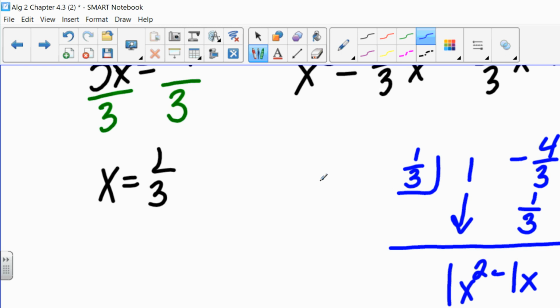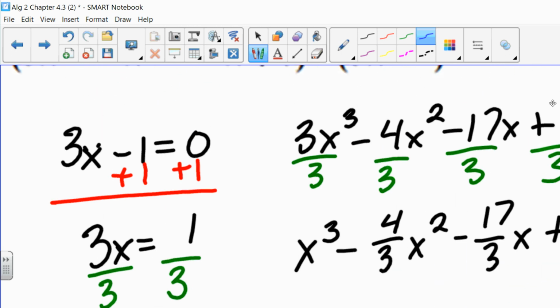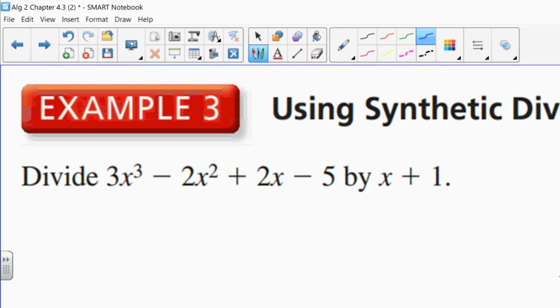Questions on this here? So having a number in front of the variable in our divisor causes us having to divide on both. It makes it a little more challenging. But any questions on this here? How do we feel about synthetic division?